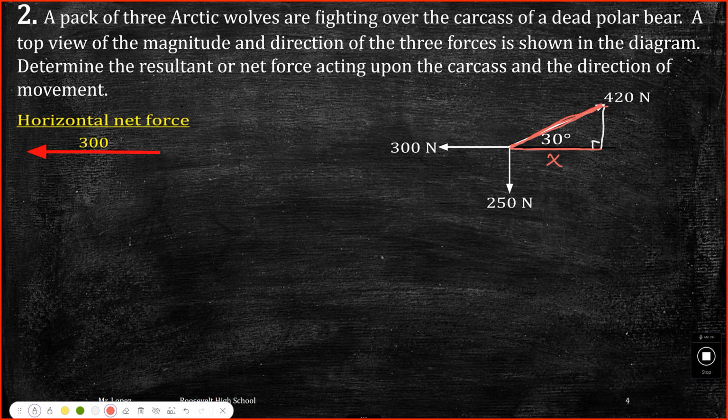What is it? This is 420, yes or no? So then how can we figure out x? Which ratio are we going to use? Cosine. So we're going to do what? Cosine of 30 degrees.